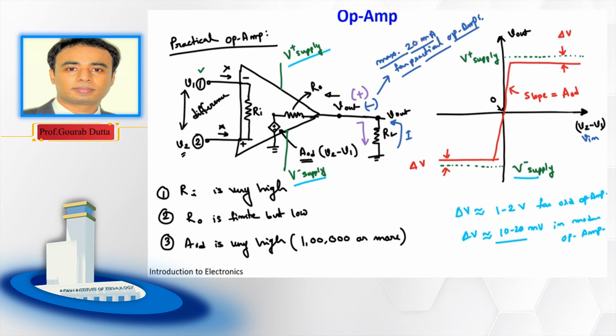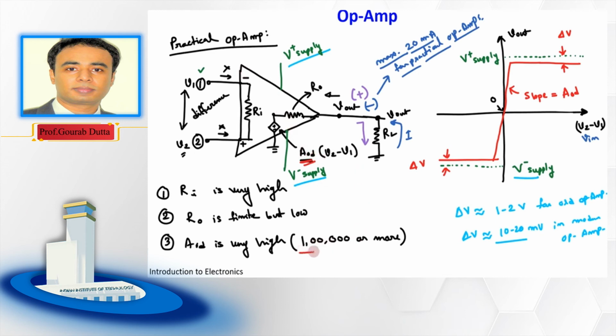Fine. Okay. Then if you have understood this part, another very interesting thing is that the point we are going to discuss now is valid for a practical op amp as well as for an ideal op amp, for both. That is, this AOD, or the open loop differential gain, for any op amp is very high.